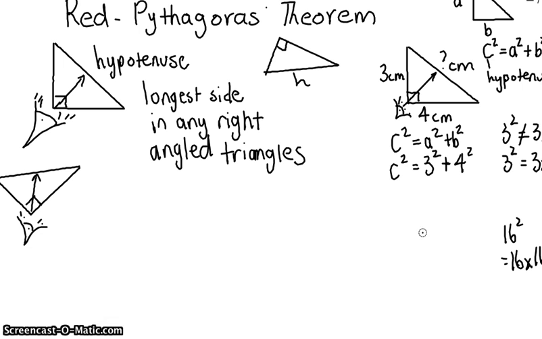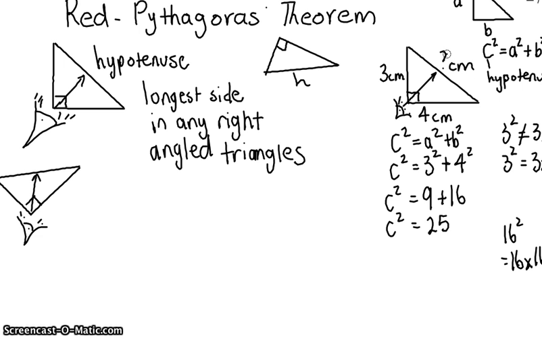C squared equals 3 squared. 3 3s are 9, plus 4 squared. 8? You've made a mistake. Good try. What is it? 16. Good recovery, well done. Mistakes are great as long as we learn from them. 4 4s are 16. C squared therefore equals 25.